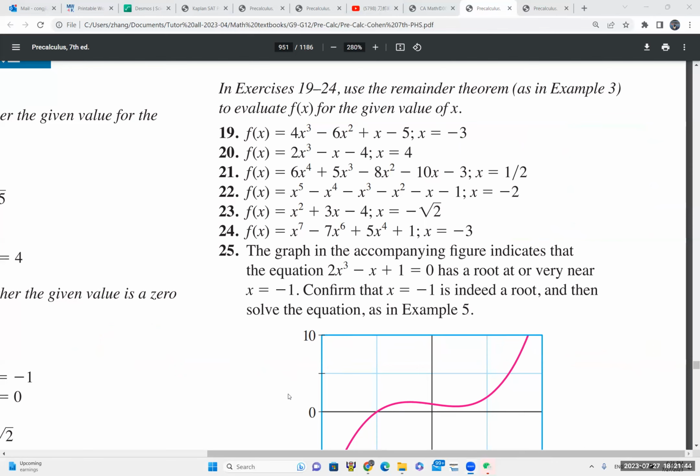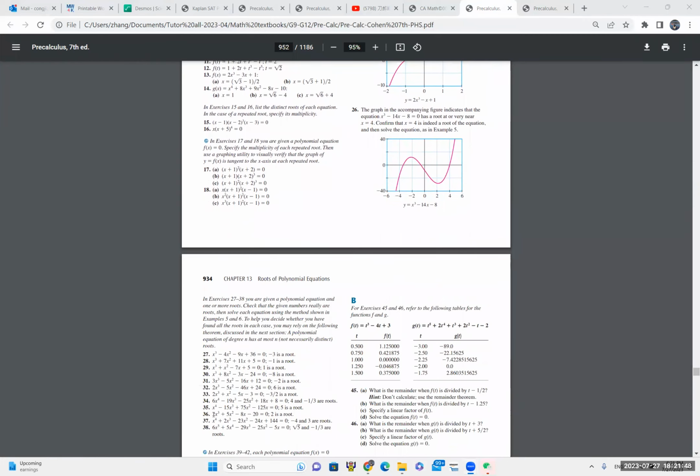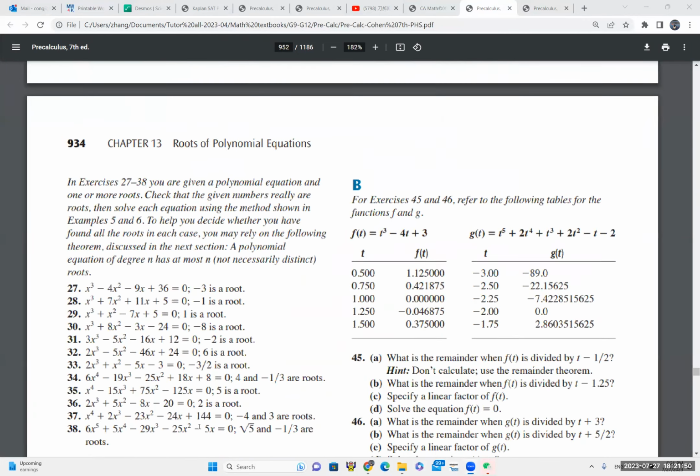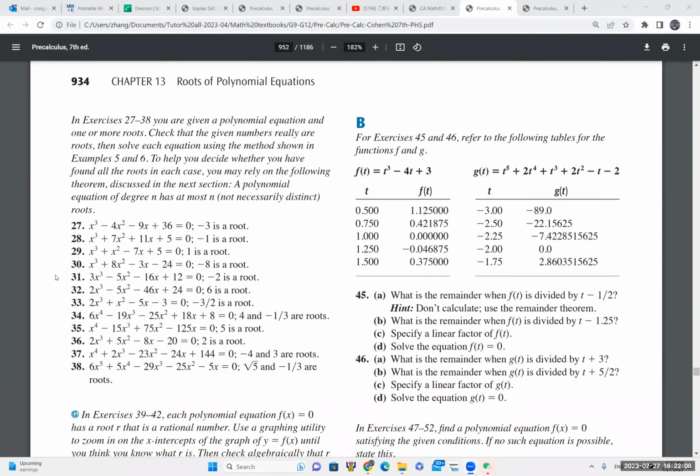Then let me choose one for you. What's here? One or more roots. Check that the given numbers really are roots, then solve each equation. Anyway, later you solve the equation, right?